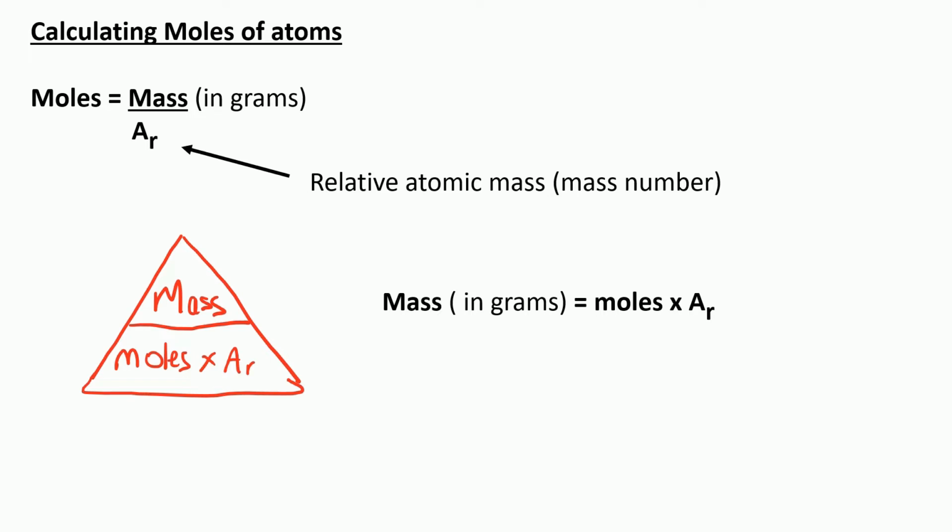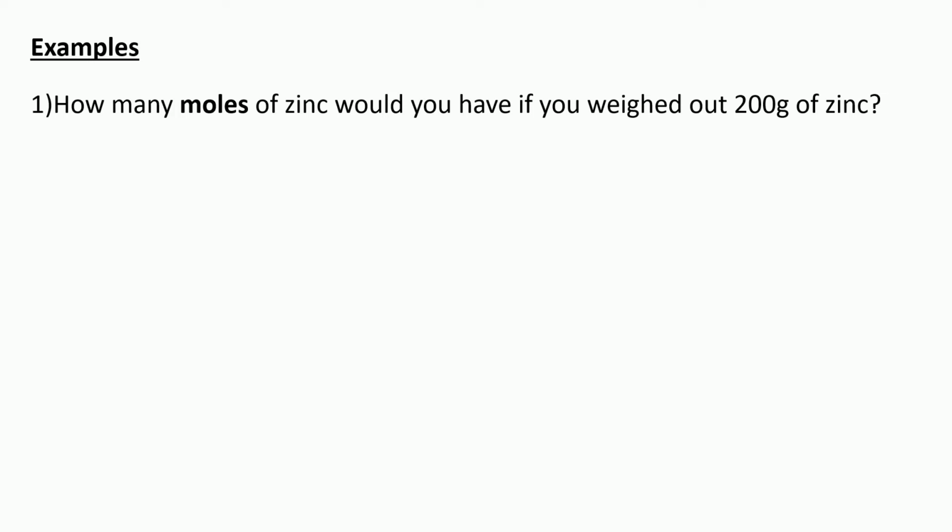Let's look at a few examples. How many moles of zinc would you have if you weighed out 200 grams of zinc? So each time we do need to write out the formula for it. So moles equals mass in grams over AR.